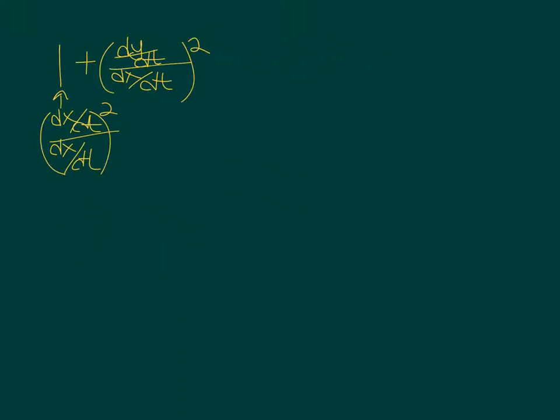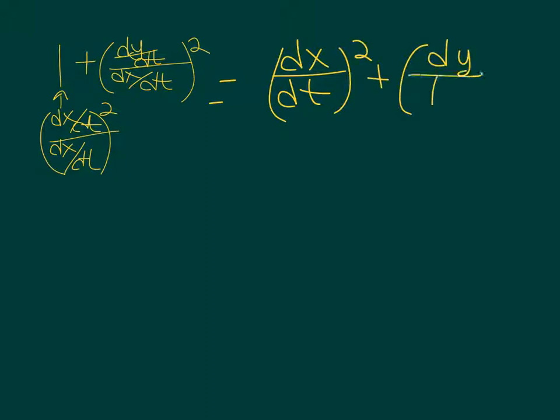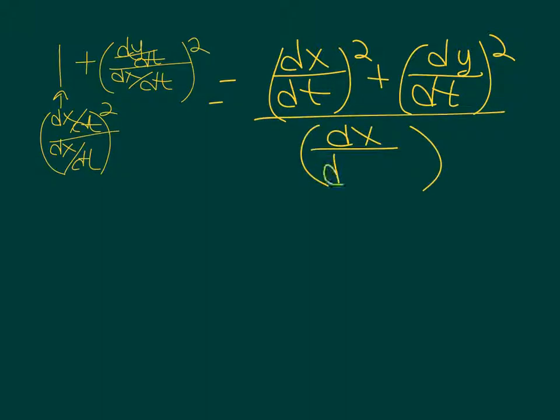Now this whole thing is equal to dx/dt squared plus dy/dt squared, all over the common denominator dx/dt squared. And remember that this was all inside a radical sign, right?